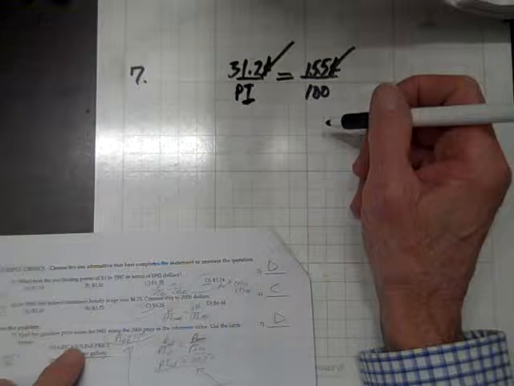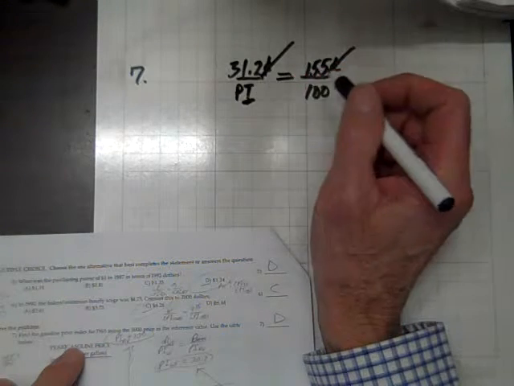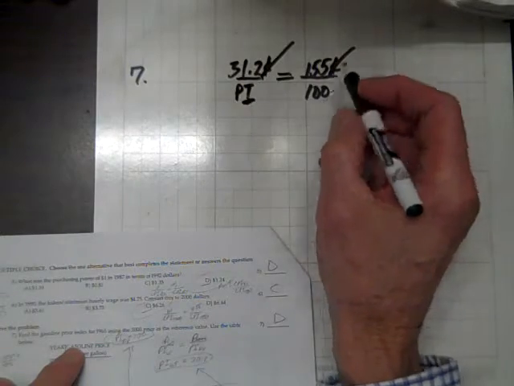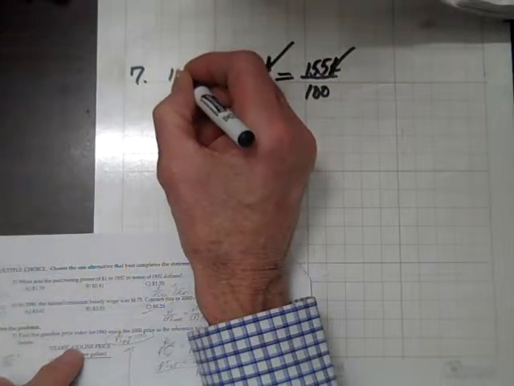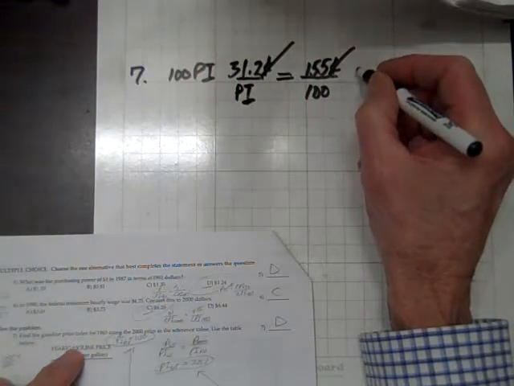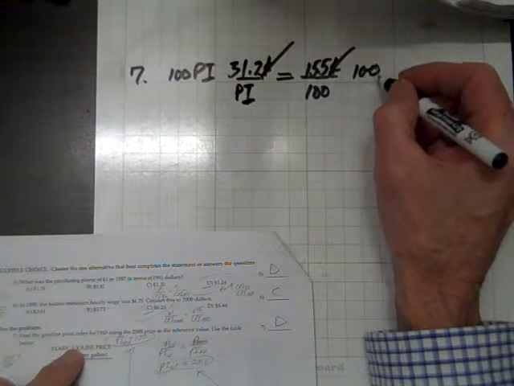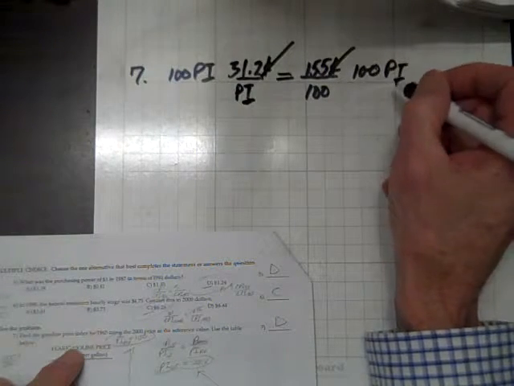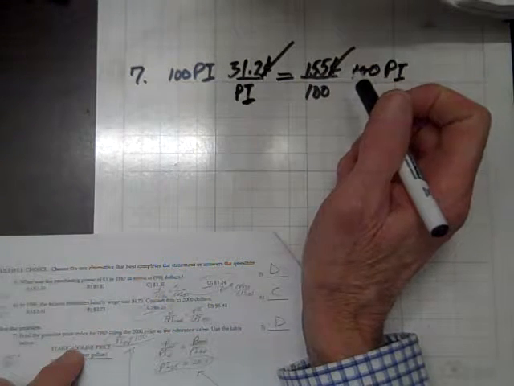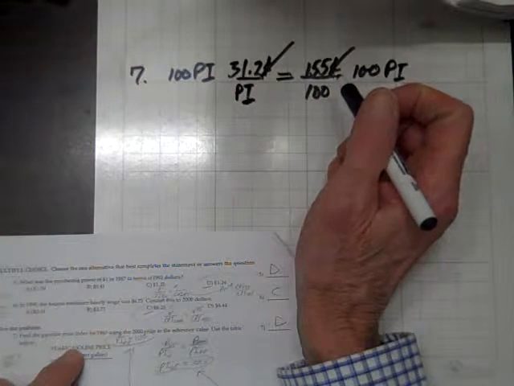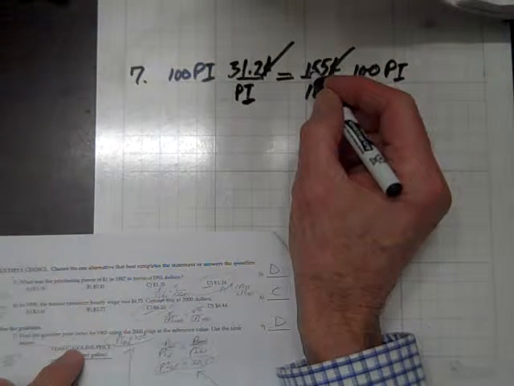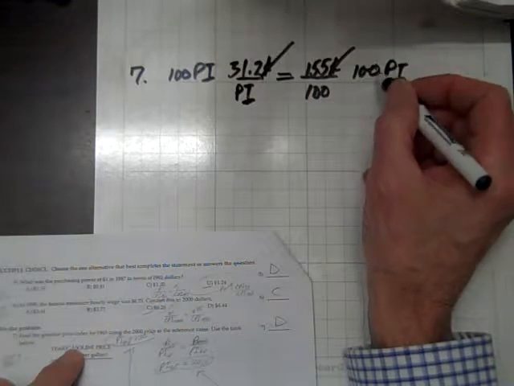So we no longer have to contend with those. Now, we'll multiply both sides by the common denominator, 100 P sub I. And we need to get rid of this 155, so we can isolate P sub I here.